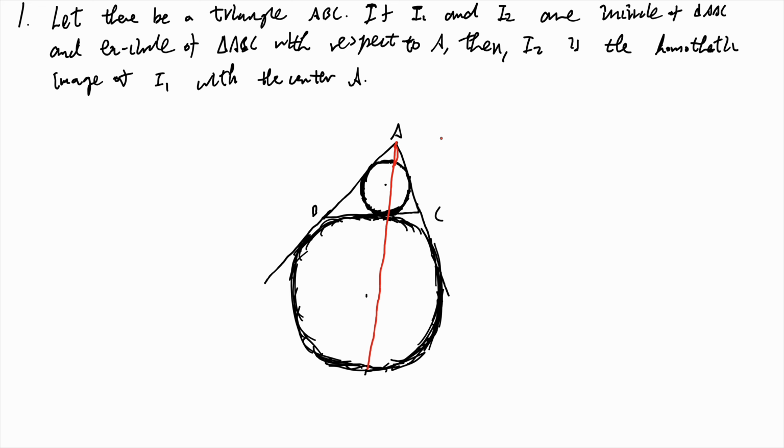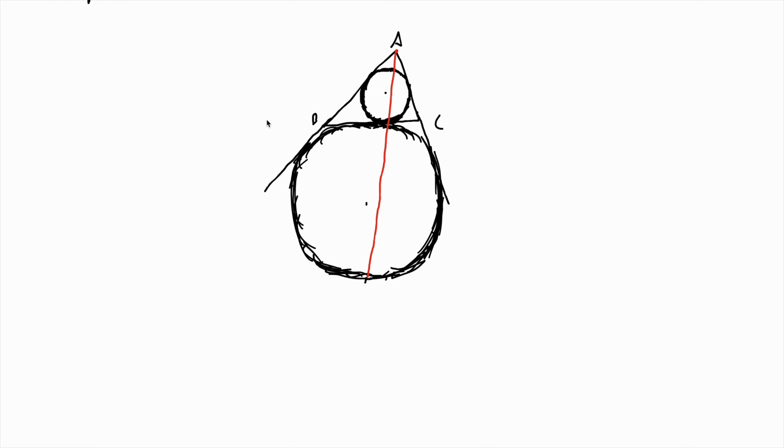I might just use visual proofs because I find them more elegant. So without loss of generality, let's draw a red line like this, and we know that this is our angle bisector, so these two angles are the same. Moreover, this is 90 degrees, like this.